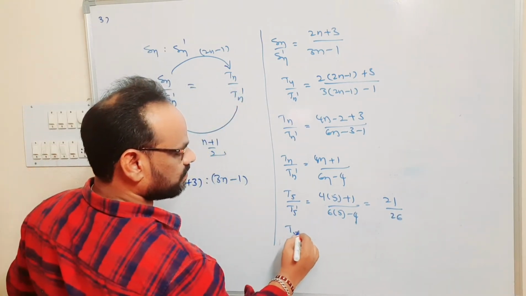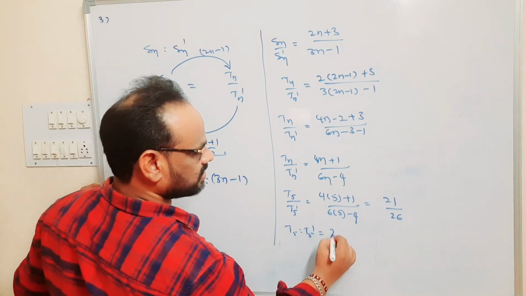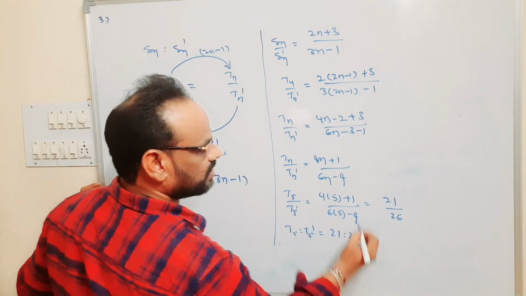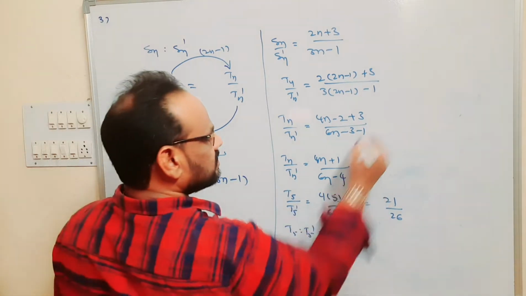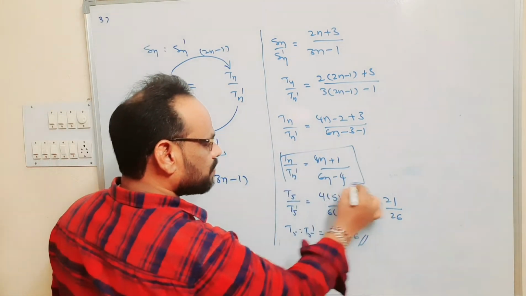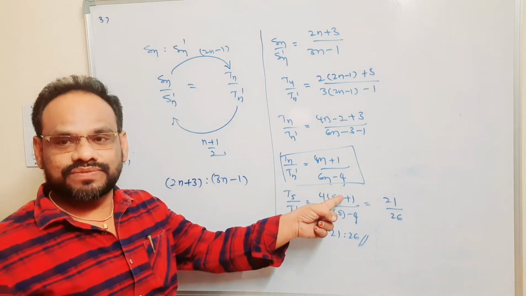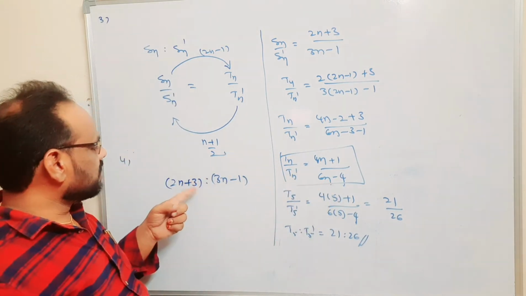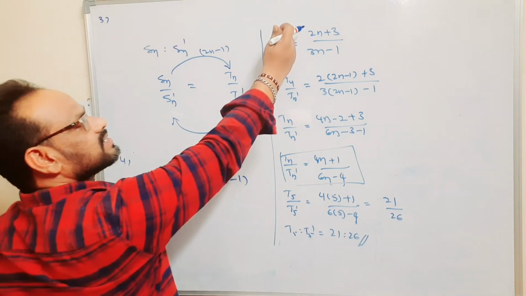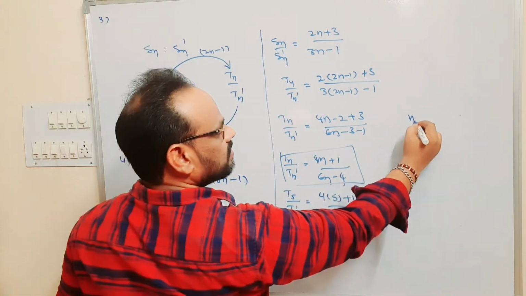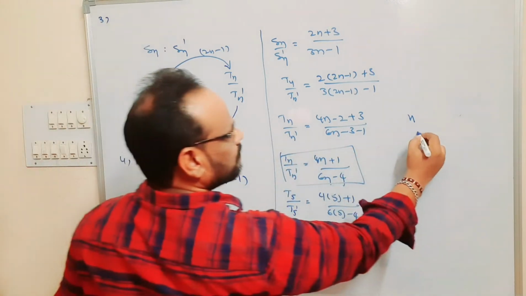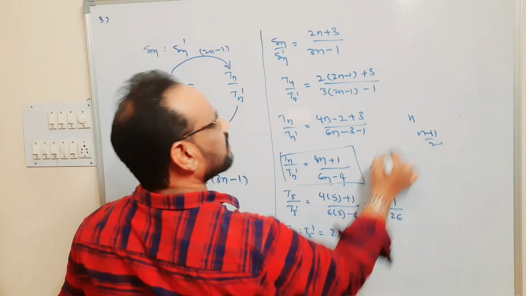Therefore, T5 by T5 dash is equal to 21 is to 26. If they give Tn by Tn dash is equal to (4n plus 1) by (6n minus 4), we want the ratio of the sum of the first n terms. So substitute n with (n plus 1) by 2, and we get this ratio.